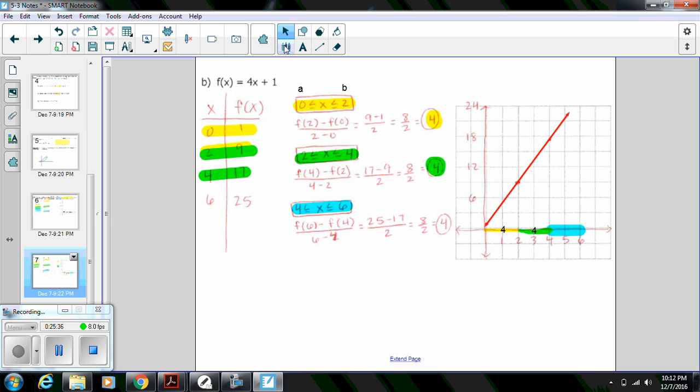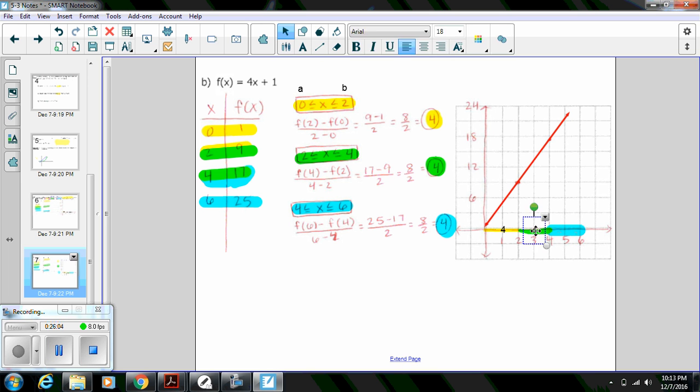So I look to my table yet again. F of 6 out pops a 25, so the value is 25. F of 4 right here out pops a 17. So 25 minus 17. Then I look to my denominator. 6 minus 4 is 2. So I get an 8 over 2 yet again, which gives me an average rate of change of 4.